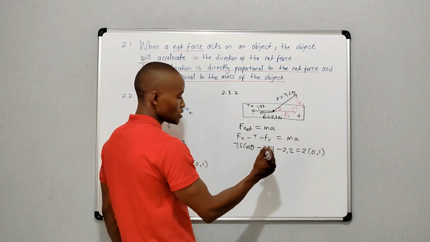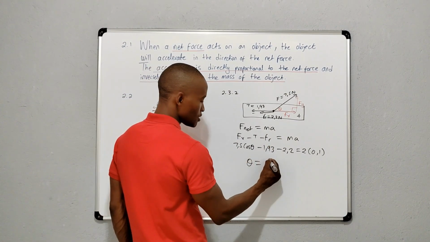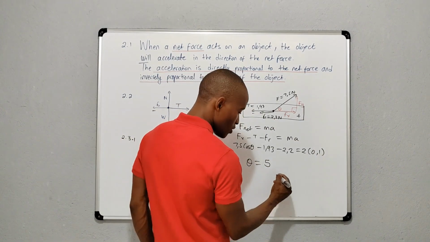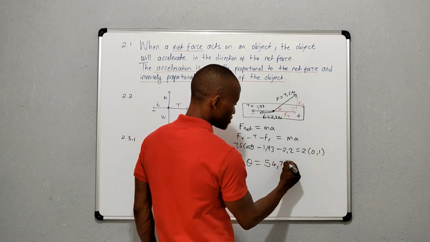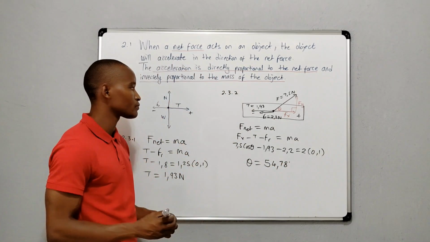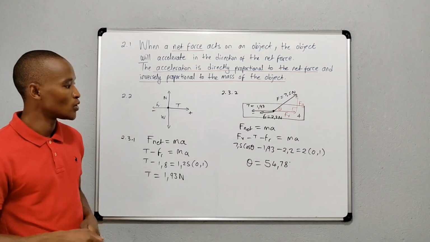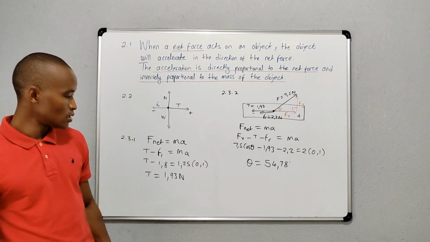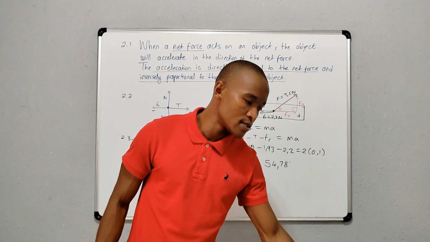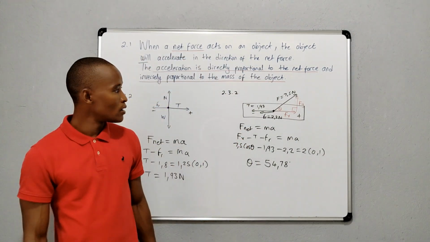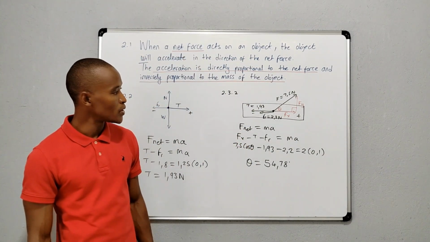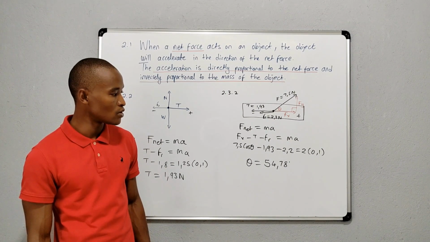If you clean up, you get theta is equal to 54.78 degrees. Good. So this takes care of question 2 that was based on Newton's second law.